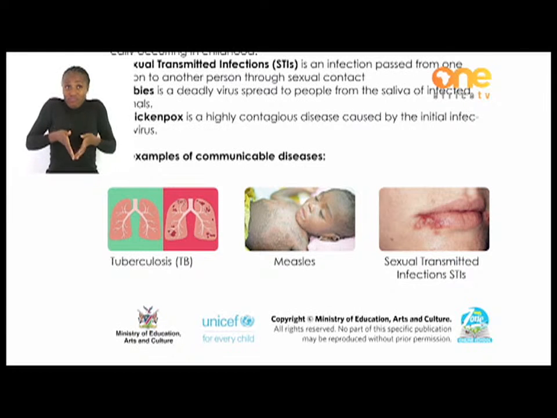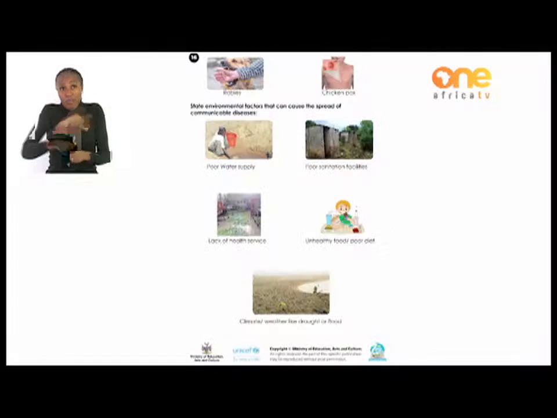Let's turn to page 16. Continuing with the communicable diseases, we have rabies. You will have a fear of water, and you will also be a violent person. And lastly, there is chickenpox.